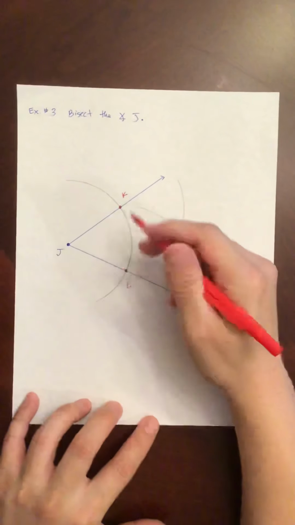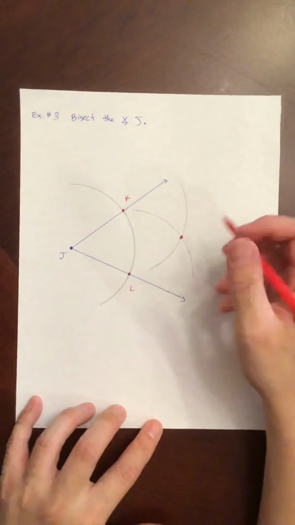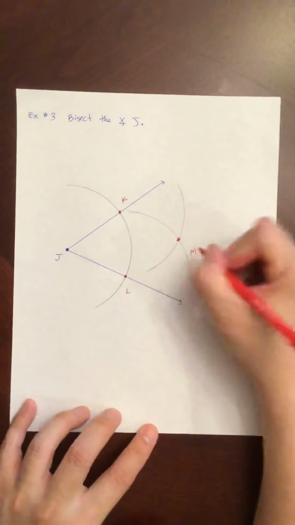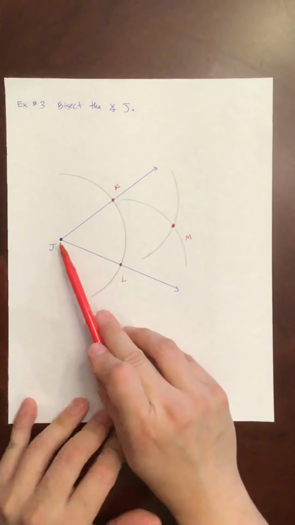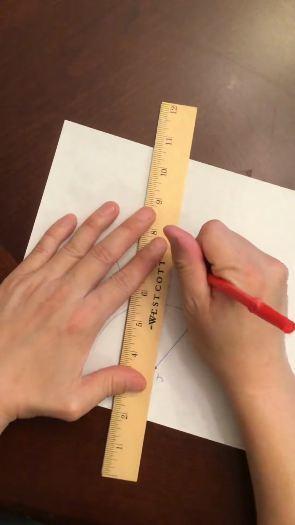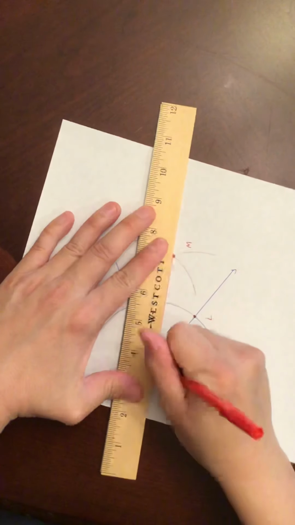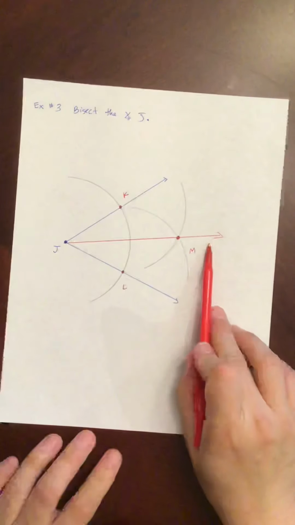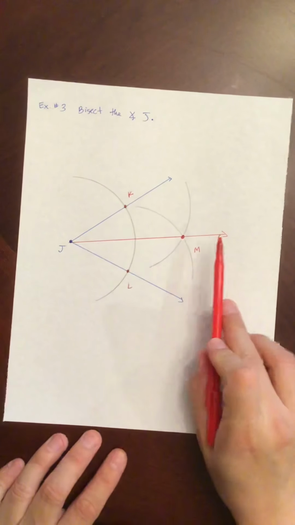We'll call this M. And all you do now, the last step, is take J and connect it to M. That red line that we just created is what we call a line segment.